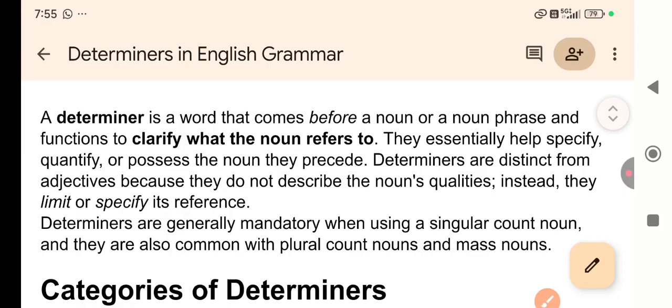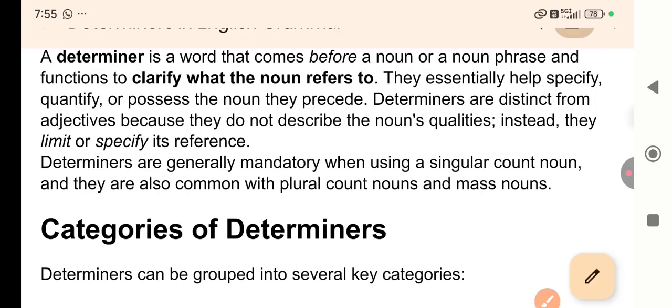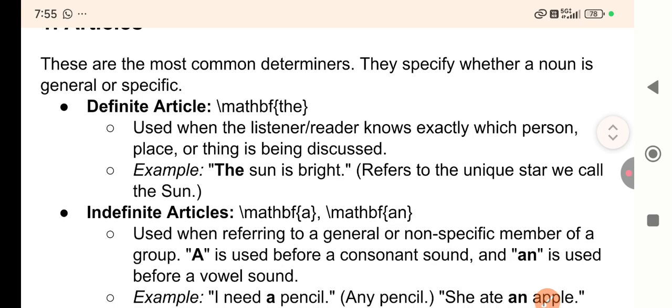Because determiners specify or quantify a noun, and these are the determiners which are used. And finally there are some exceptions, but one determiner is used for one noun or noun phrase. So that is all for determiners. Thank you so much. God bless you.